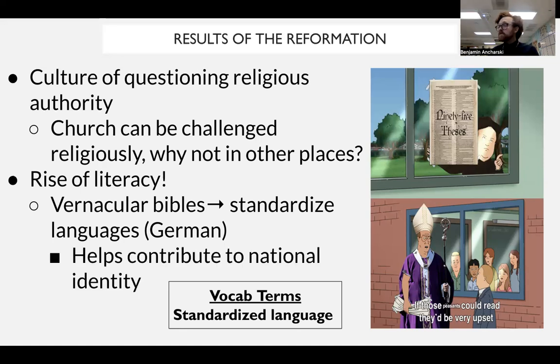And this has the effect of increasing national identities. We do see the creation of a German national identity, the start of that at the very least, because of this standardization of the German language. Every German is supposed to read the Bible. So whatever way that words are spelt, whatever grammar is used in the Bible, that's going to be the ideal way to write and speak in German, for example. This also applies to English and French as well.